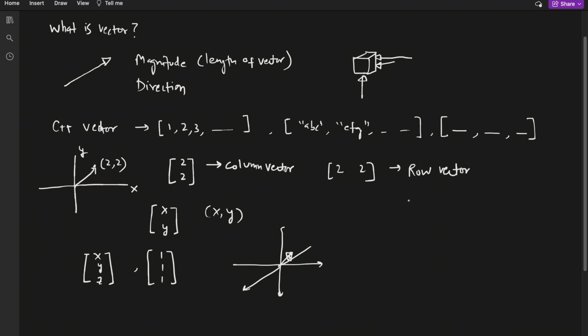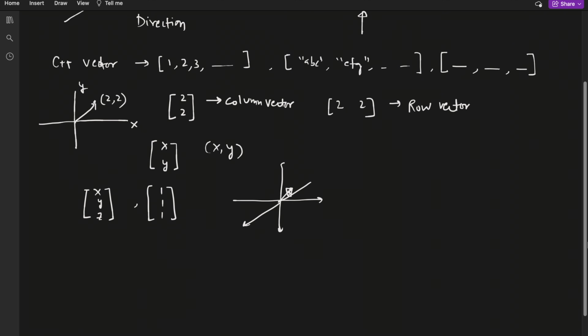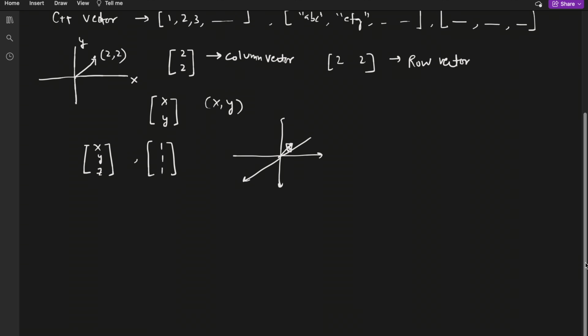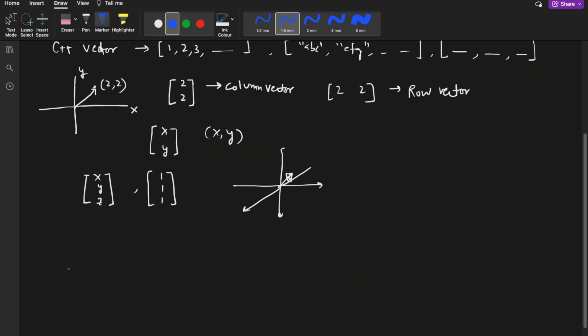Okay, now there are primarily two things associated with vectors when we talk about vectors in mathematics.